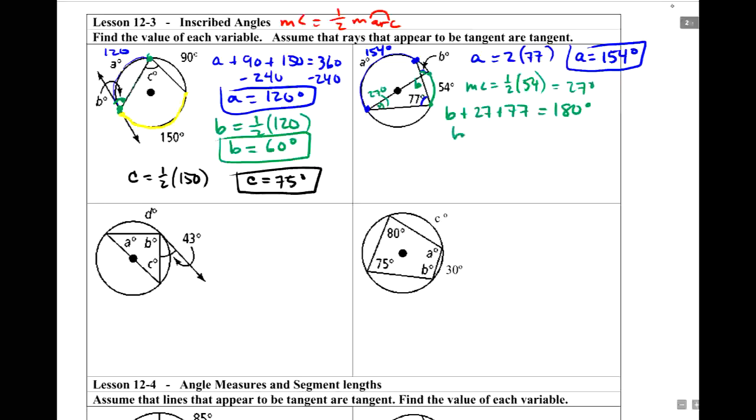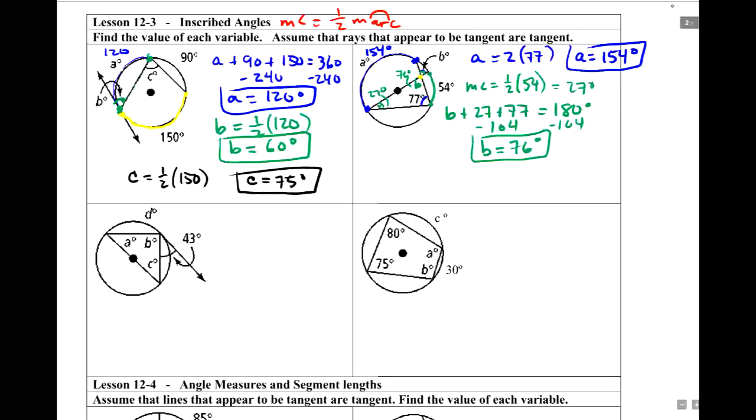So I'm going to subtract 104 from each side, and I'm going to get B equals 76 degrees. B here, 76 degrees.